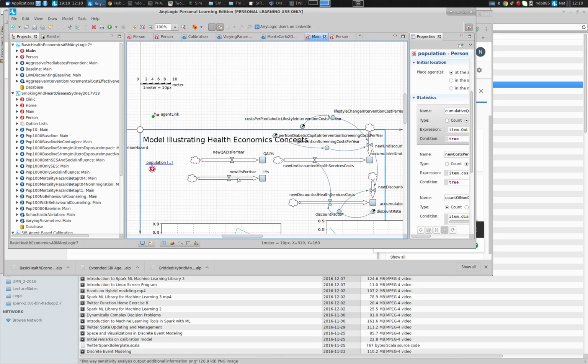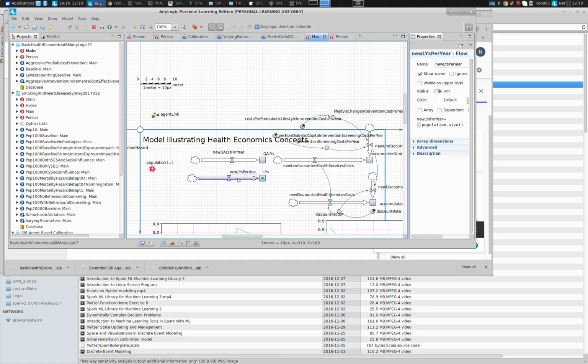In short, to get life years, we're just summing up. It's just the integral of the new life years. And it's the integral of what? It's the integral of the population size. If we have 1,000 people over 10 years, or we have 500 people over 20 years, or we have 2,000 people over 5 years, we all get 10,000 life years.